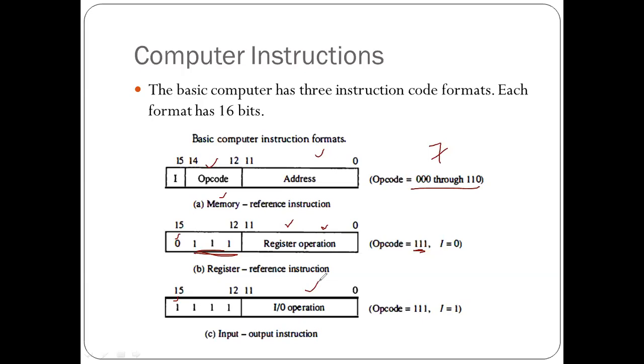Whichever is required, you can specify. So possible combinations are 2 power 12, but only that many operations we can do on an input or output device, and similarly on a single register. These are the 3 different instruction formats: memory reference, register reference, and IO reference.